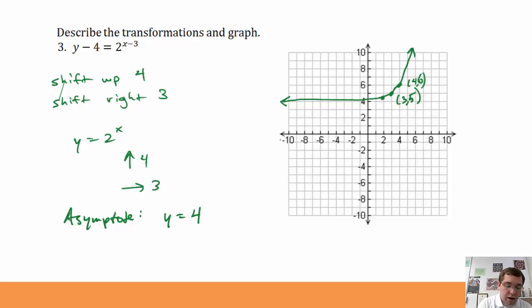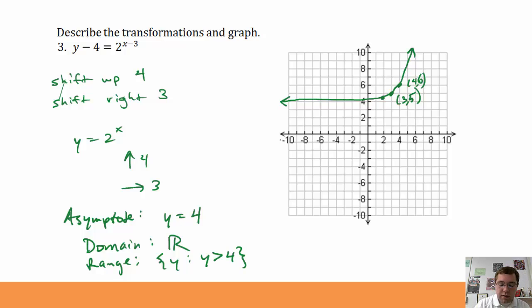The domain, then, is still all real numbers, but the range now, instead of being all positive numbers, is the set of all y such that y is greater than 4. It is shifted up by 4. So same shape, shifted to the right 3 and up 4, which shifts the asymptote, the range, and every point on the graph.